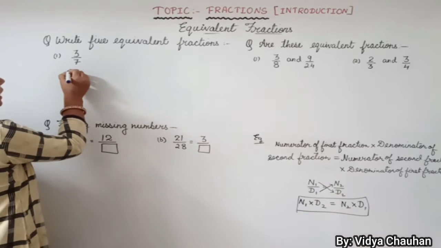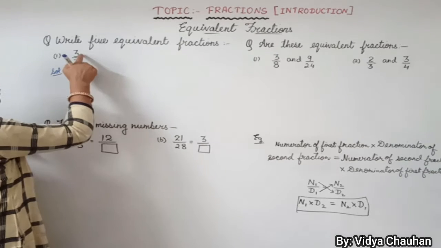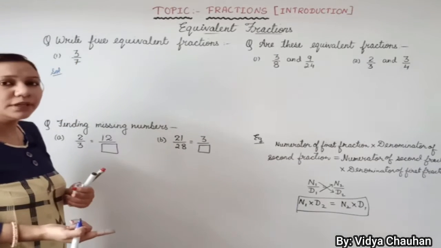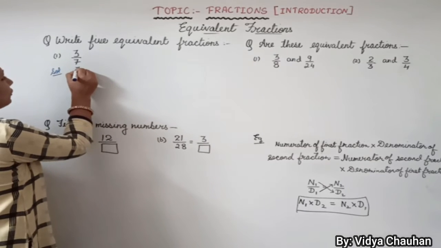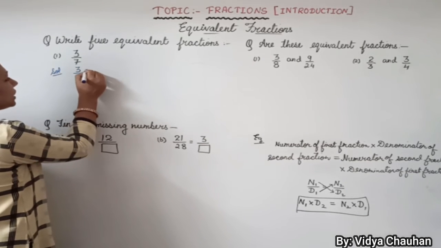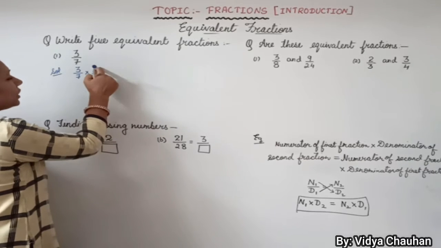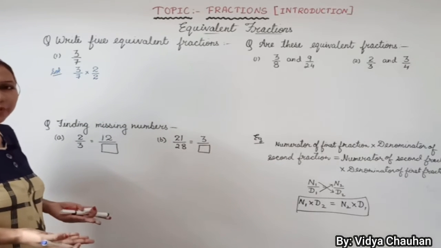Whenever you have to find an equivalent fraction, you multiply both numerator and denominator by the same number. If I have to find the first equivalent fraction, let us start with 2, because if I multiply both by 1, I will get the same value, 3 upon 7.